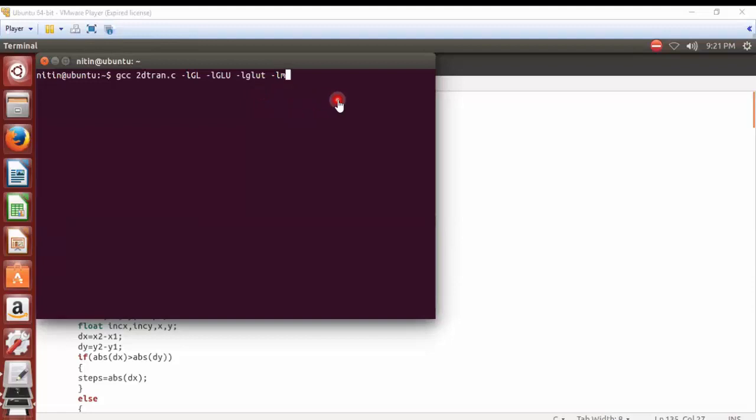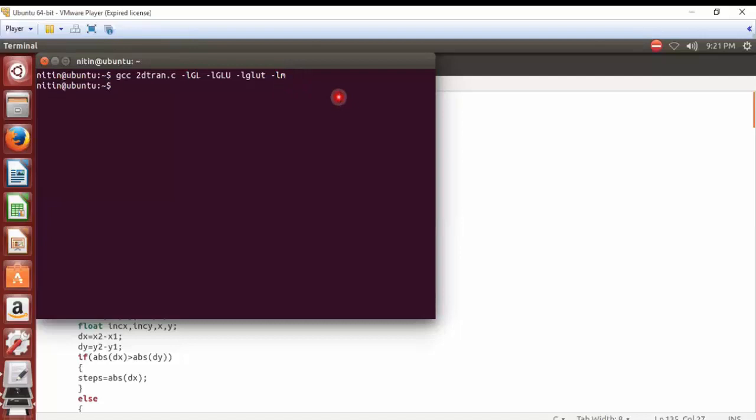And as we are using some inbuilt math functions like cos and sine, we require to include the math library here also. So that's why space dash small l m, that is math library.